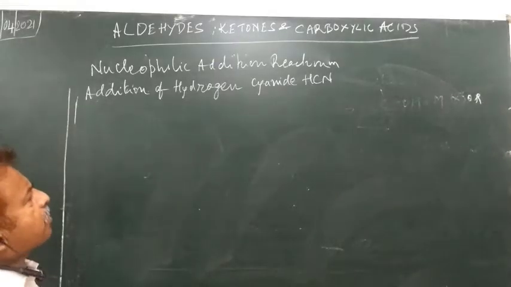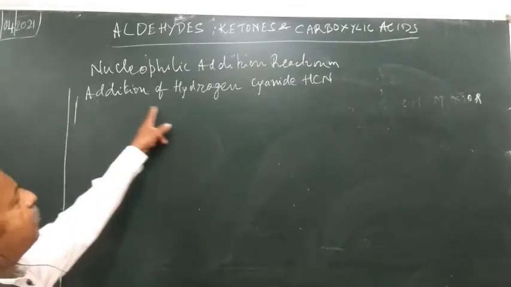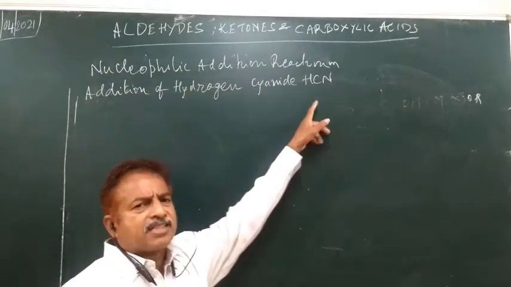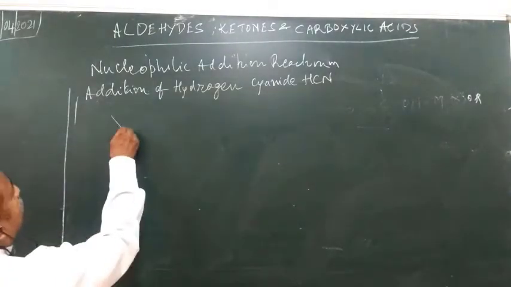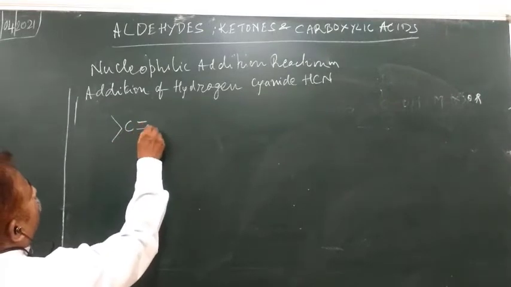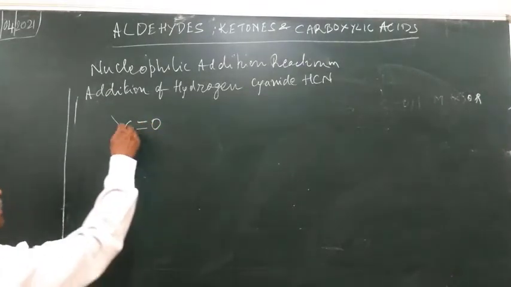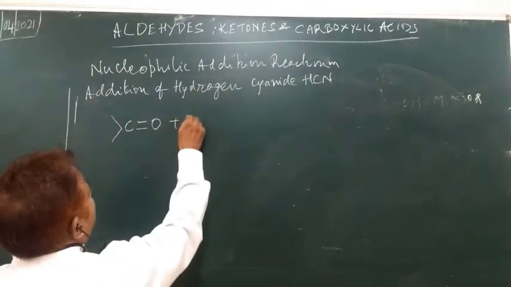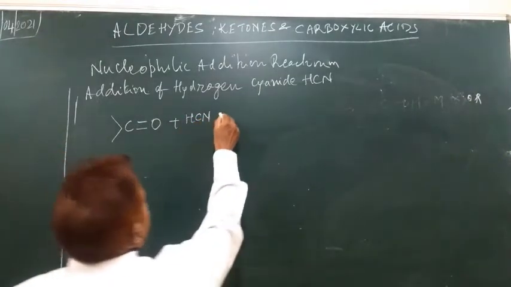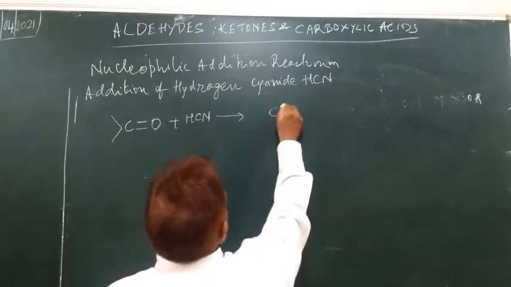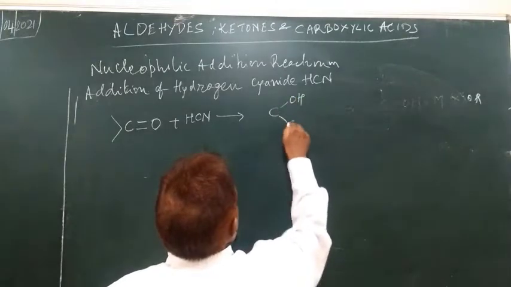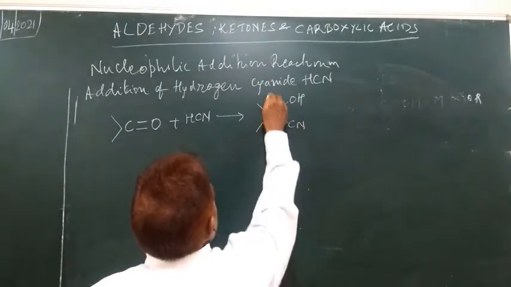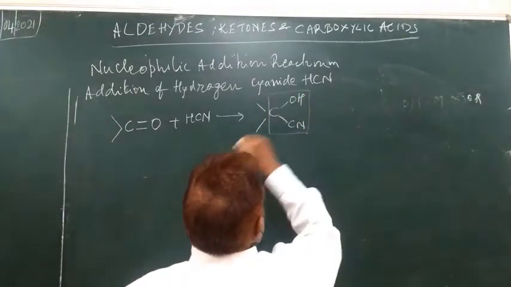Nucleophilic addition reactions. The first reaction is the addition of hydrogen cyanide, HCN. Carbonyl compound C double bond O plus HCN gives a cyanohydrin. This group is referred to as cyanohydrin.